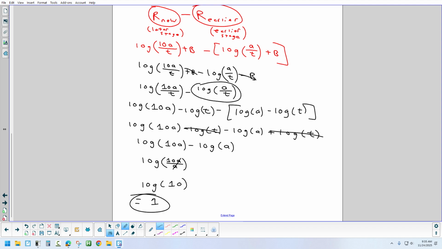If you had done it in the reverse order, you would have ended up with log 1/10, and the log of 1/10 is -1. So you would have gotten the same thing, just looking at it from a different perspective: change now versus later, or later versus now.